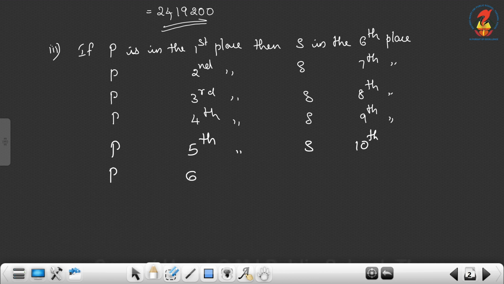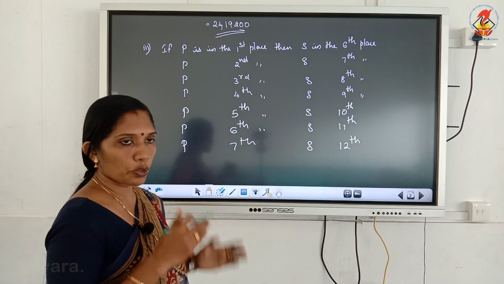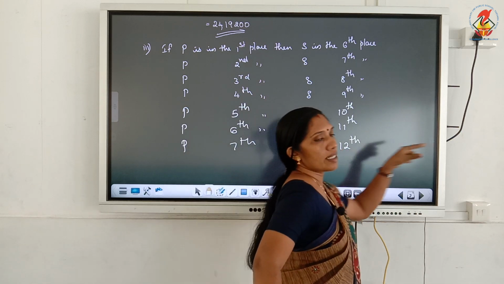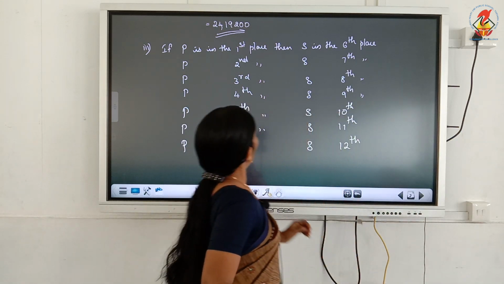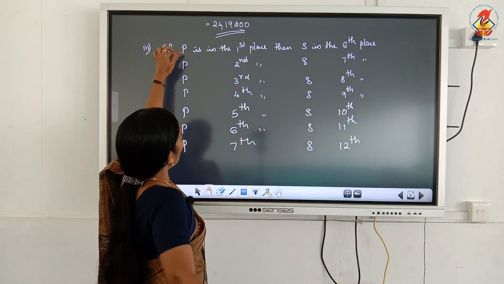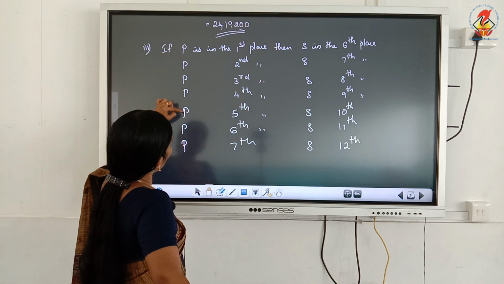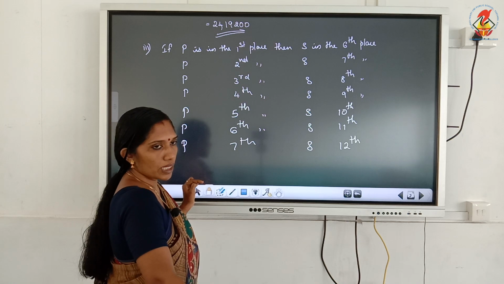If P is in the 6th place, S is in the 11th place. And if P is in the 7th place, S is in the 12th place, the last place. So in this way, how many ways can we arrange P and S? 1, 2, 3, 4, 5, 6, 7. 7 ways.